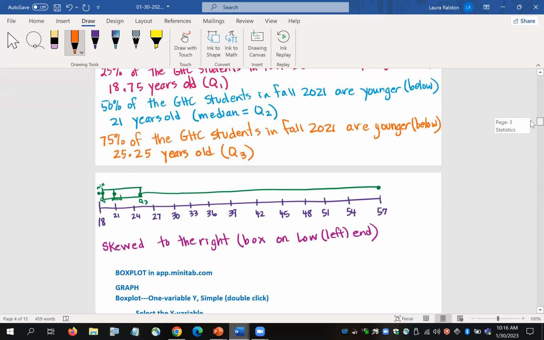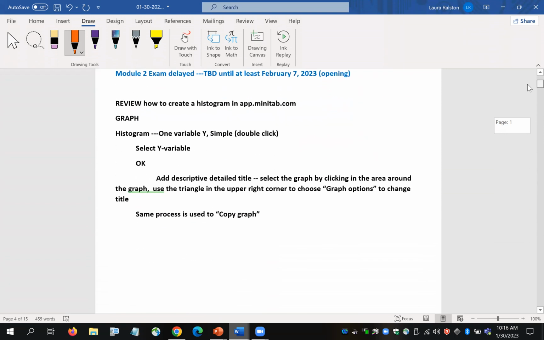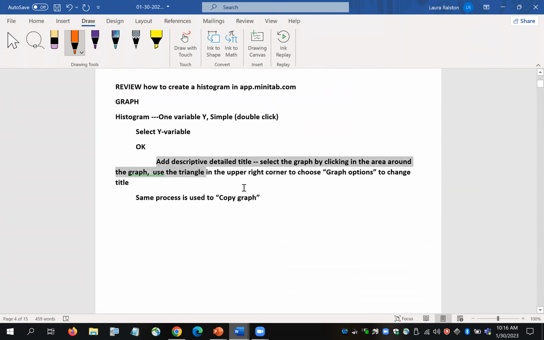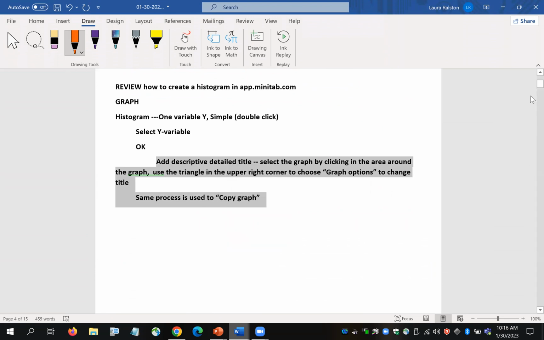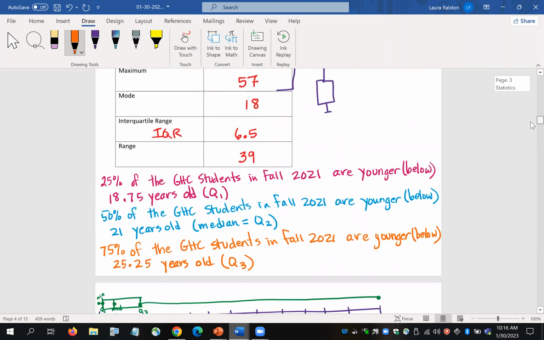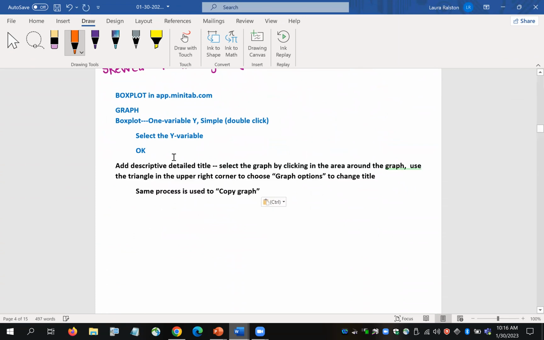Again, even with the box plot, you want to have a descriptive title, and you do that the same way that we did before with the histogram. That process does not change. I'm pausing for you to write it down in case that's what you're doing.